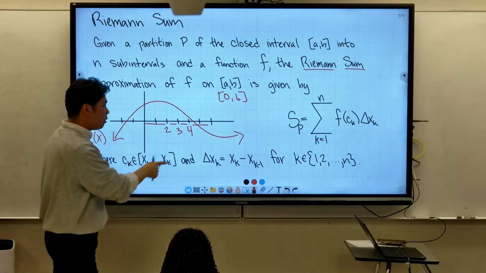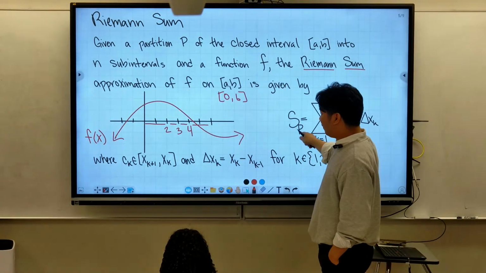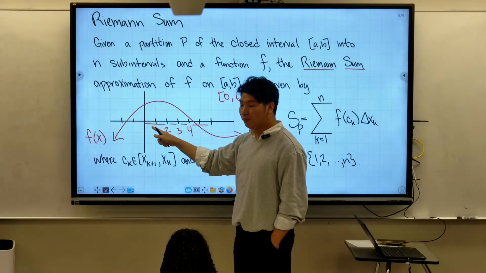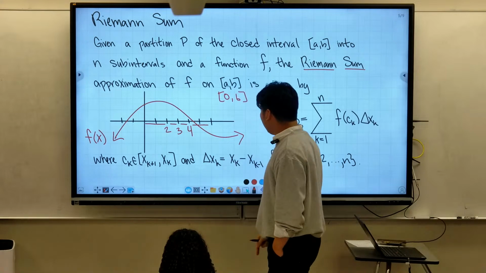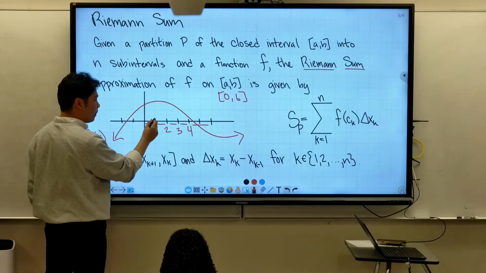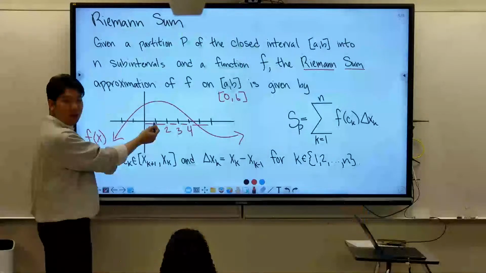So let's read what this is. F of ck, where ck is in this interval for each one of these. So let's say in this first interval, I choose f of ck. Ck is somewhere in here. What is f of ck? That's just a y value, right?